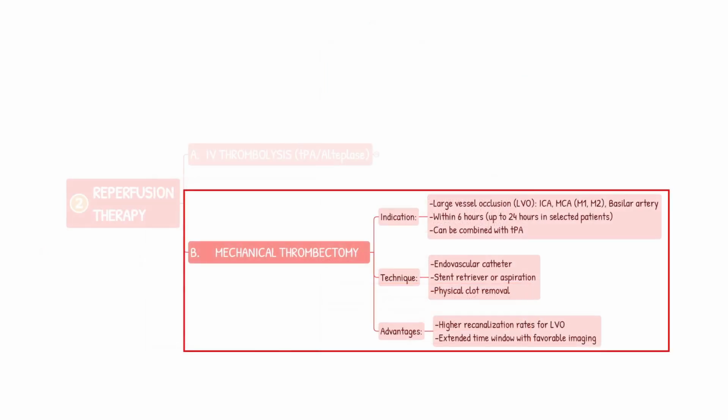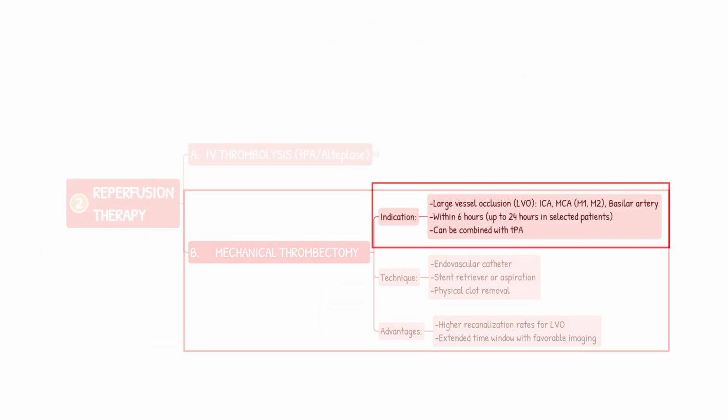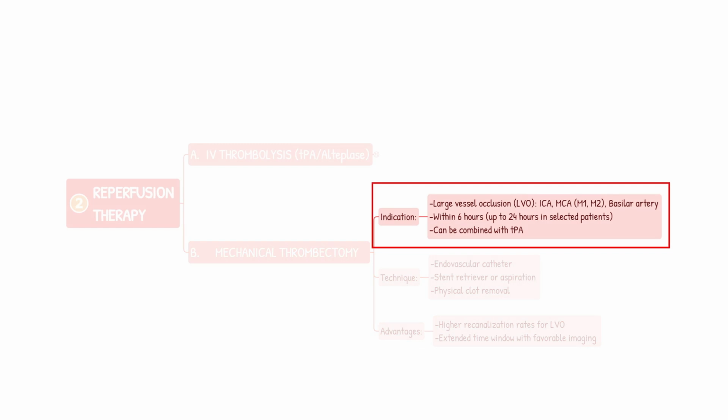Mechanical thrombectomy physically removes the clot. It's indicated for large vessel occlusion, including internal carotid artery, MCA segments, and basilar artery. The time window is within 6 hours, though it can be extended up to 24 hours in selected patients with favorable imaging. It can be combined with tPA.